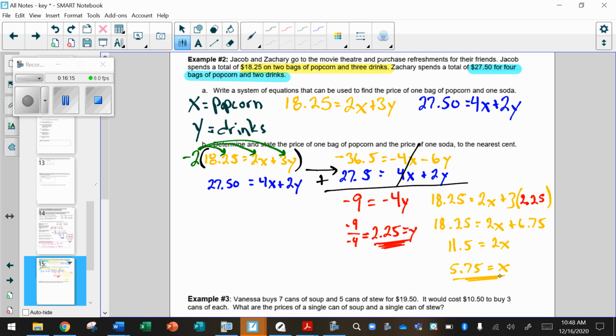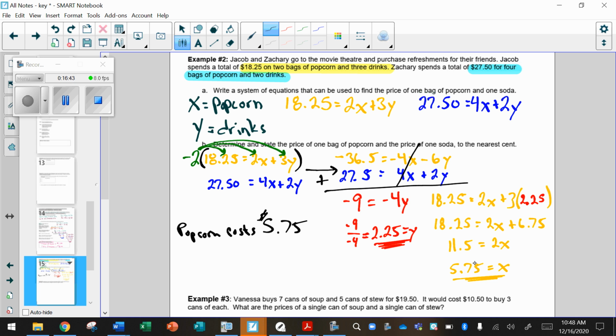Now don't forget, once we have solved for x, we haven't actually answered the question yet. The question says, determine and state the price of 1 bag of popcorn and the price of 1 soda to the nearest cent, nearest penny. Nearest penny means 2 decimal places. So what we found out, popcorn costs $5.75 each.